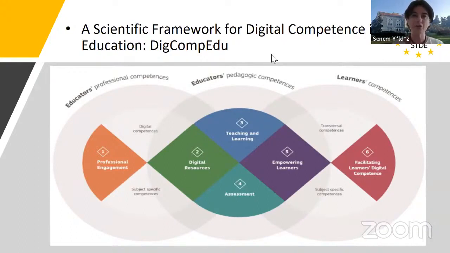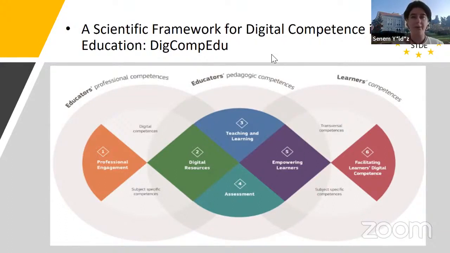This framework is a standardization of digital competence of educators across Europe, at least. At certain levels, it breaks down digital competence into multiple components and allows teachers to assess themselves according to certain criteria and see how competent they are.